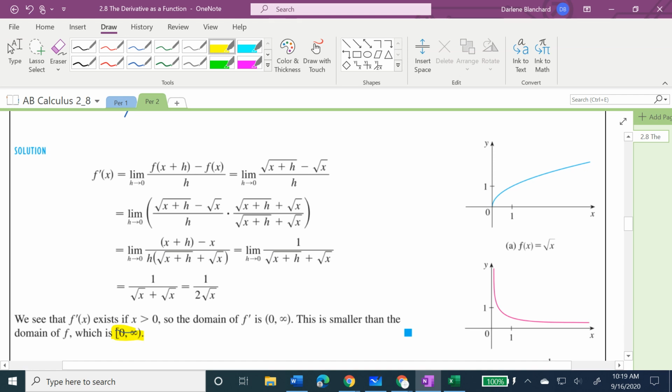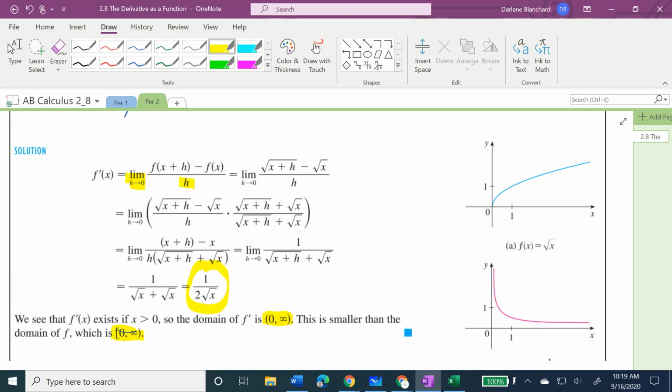And when you look at 1 over 2 root x, because the root is in the denominator, you should see that 0 is not included in the domain of f prime. You will always use definition 2, with the limit as h approaches 0, if you're finding the derivative of f of x as a function, because the first definition uses the variable of the function in the limit, and that's a problem.